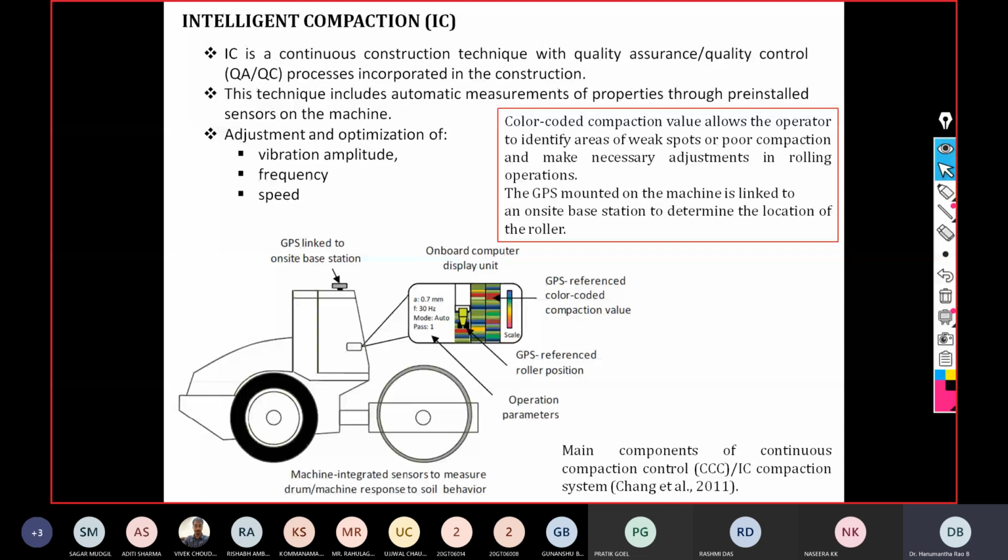The rollers are equipped with some kind of systems so that they will let us know for each and every meter depth, or for each and every 10, what is the amount of energy applied or the response of the compacted soil to the sensor. Strips with different colors.